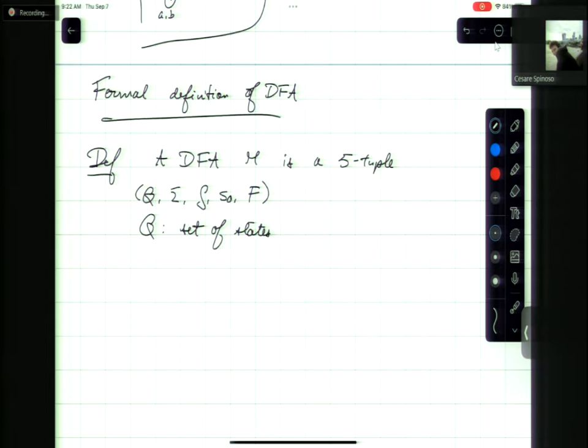In other words, these are the possible nodes. Sigma is the input alphabet, in other words what the machine can accept as input. Then delta is the transition function.